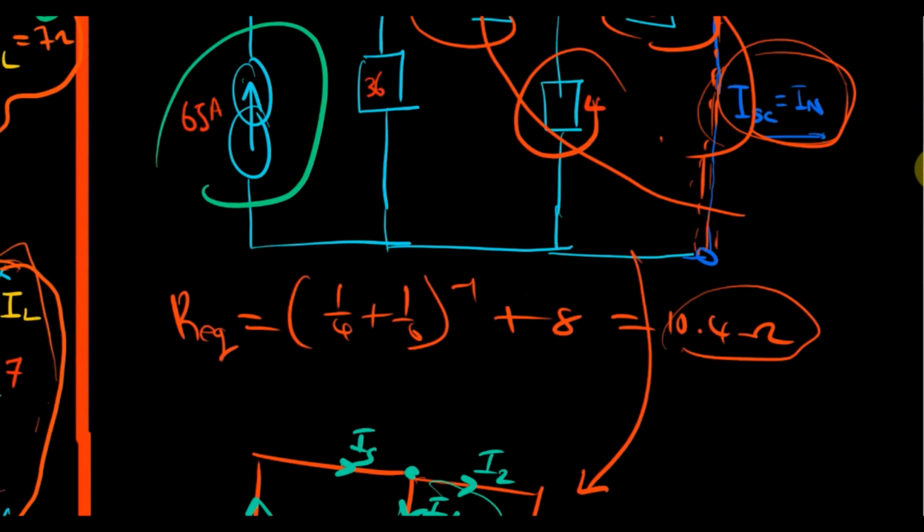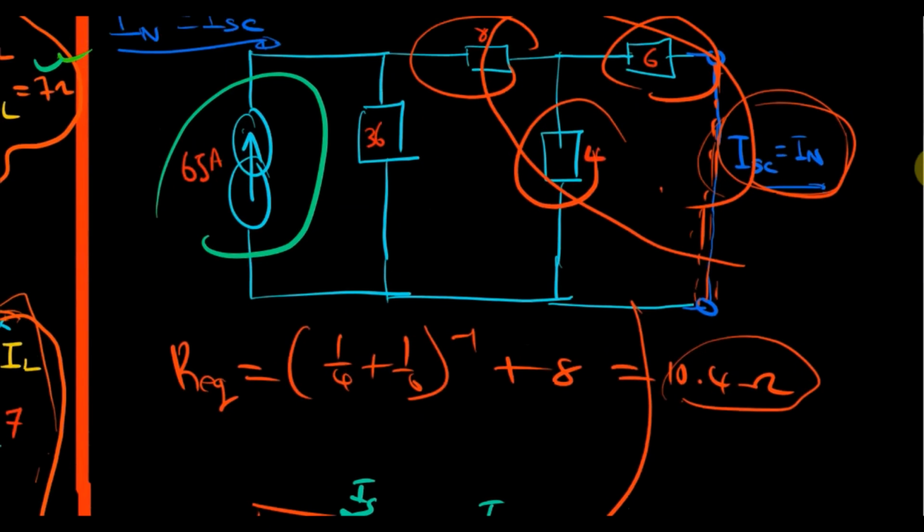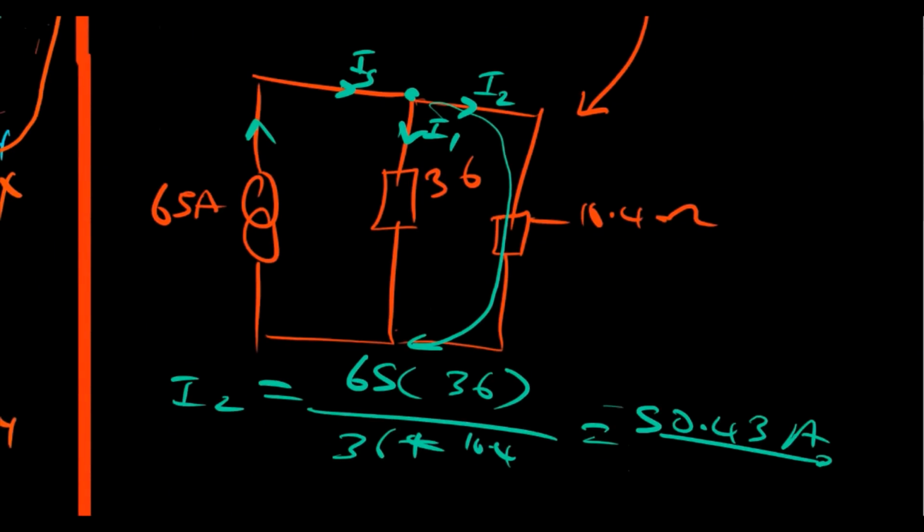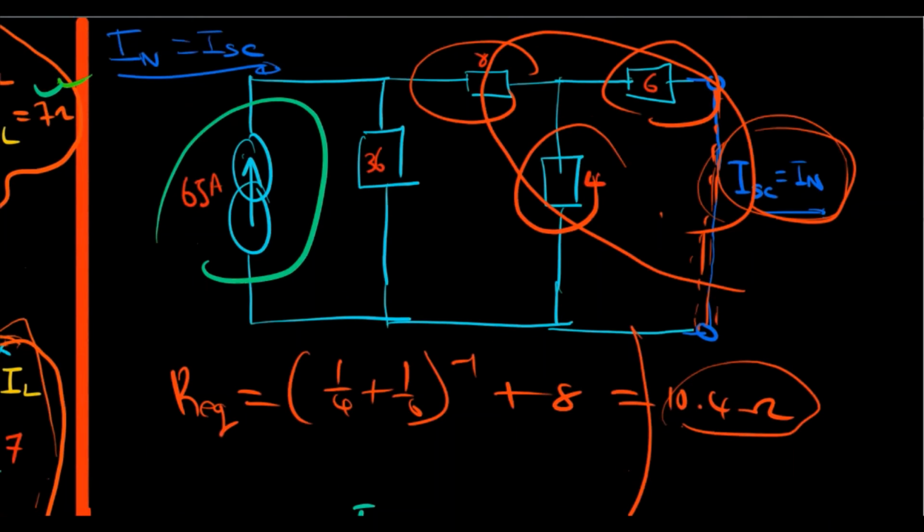What else do we know about the 10.4 ohm resistor? Well, the current passing through this resistor, which is called I2, through the 8 ohm resistor, will be the same current leaving the 8 ohm resistor.